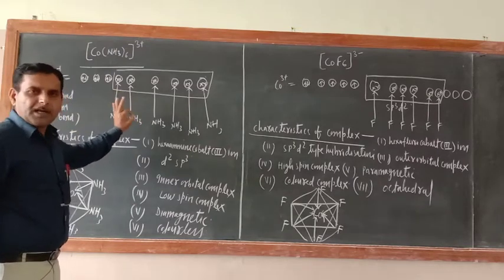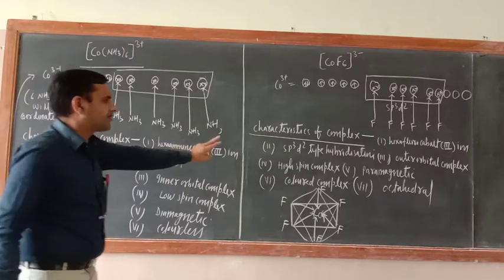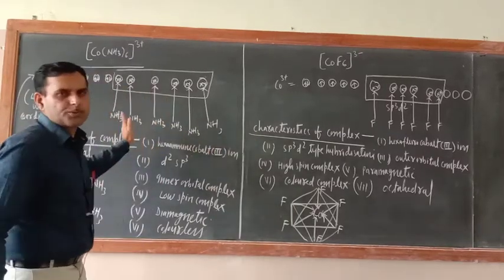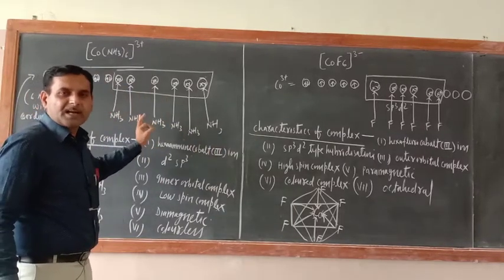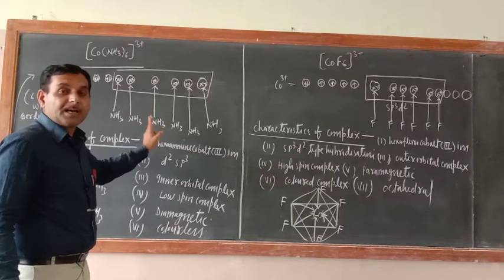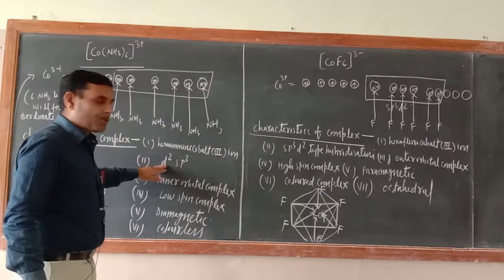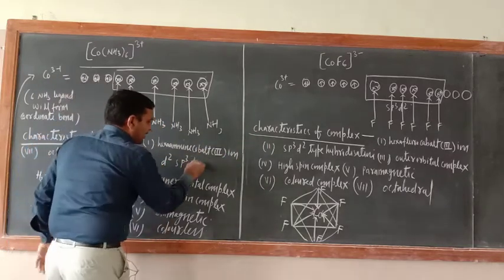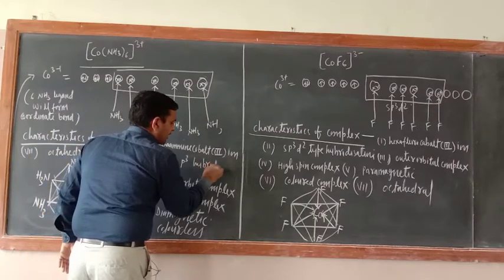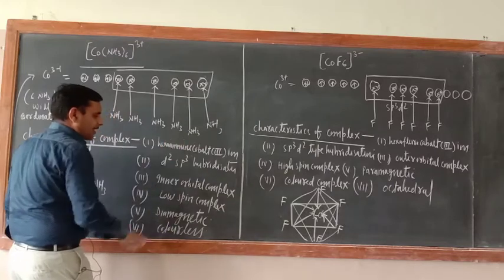Now the role of ligand you might have understood. Just see how much difference is there in the characteristics of these two complexes. Even though the central metal atom is the same, the ligand is different. Because of the ligand only, so many changes have come. Here d2sp3 hybridization is there, and there sp3d2 hybridization is there.